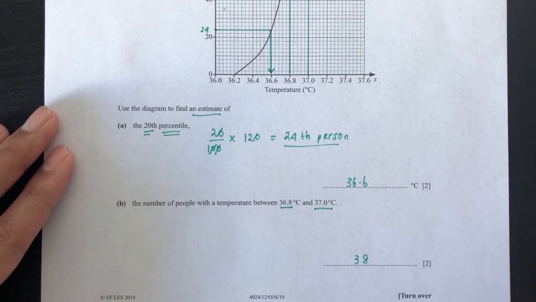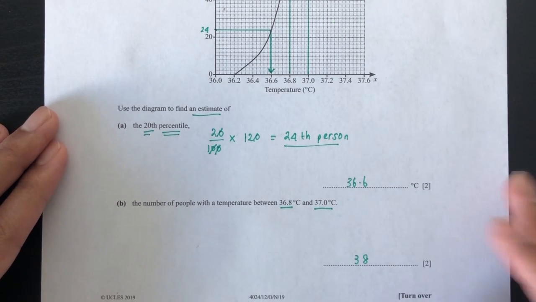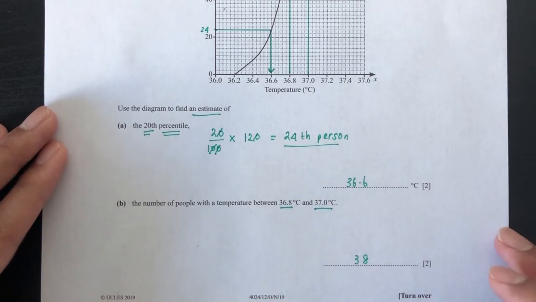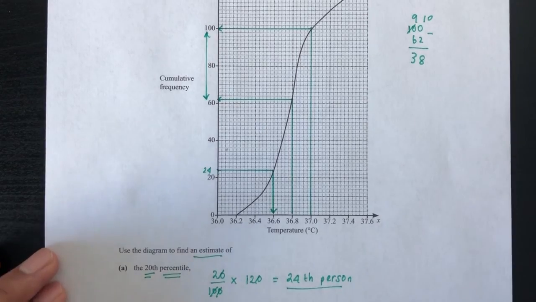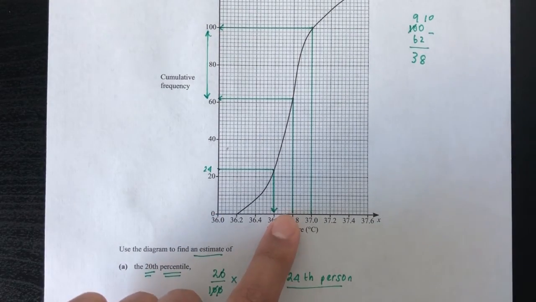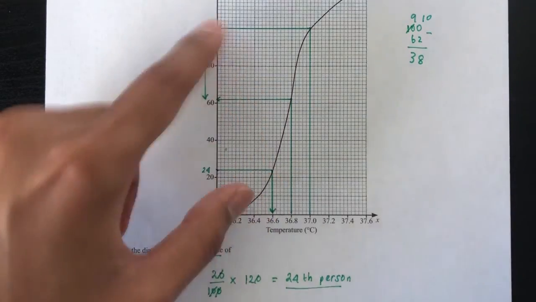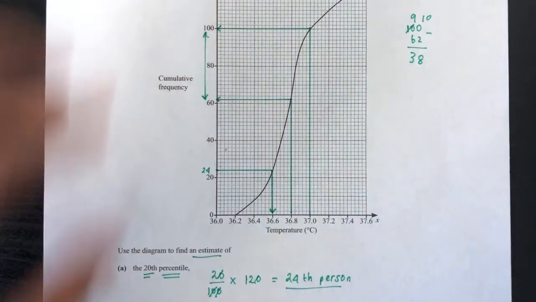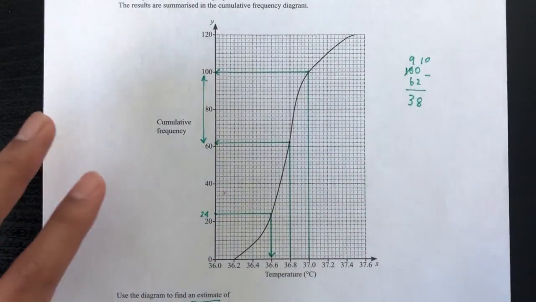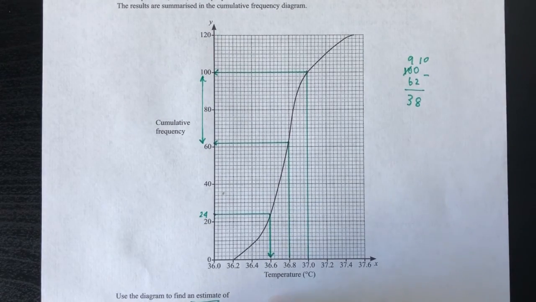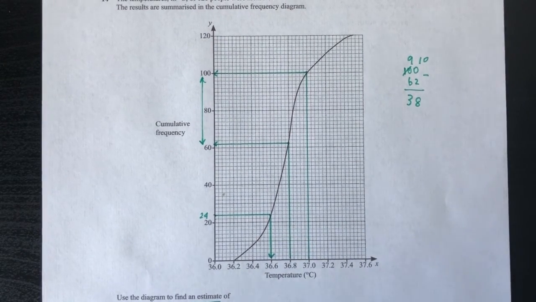Your answer may be 37 or 39, and that is okay because it is only an estimate and it should be fine. But the method of doing that is the same. We have to first draw a line to connect to the curve and then draw vertical and horizontal lines to find the values on the frequency as well as the temperatures. So that was question number 14.